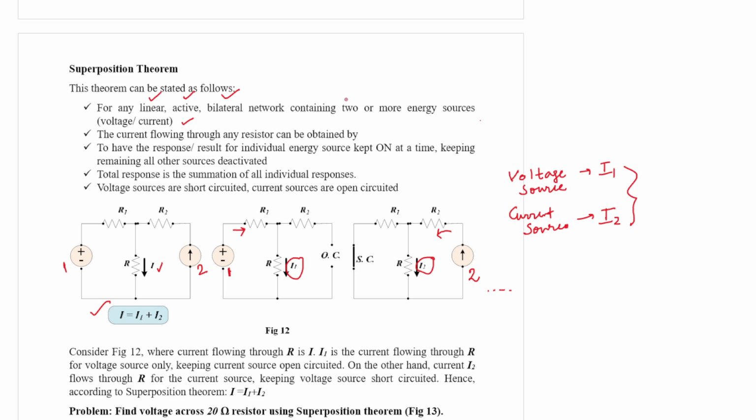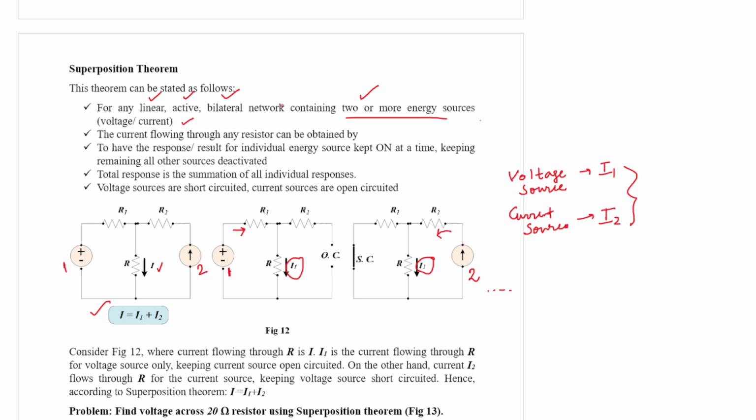Now the network must contain two or more energy sources. With that we can clearly understand that with one source we cannot apply the superposition theorem. So we must have a minimum of two energy sources, which can be either voltage sources or current sources.